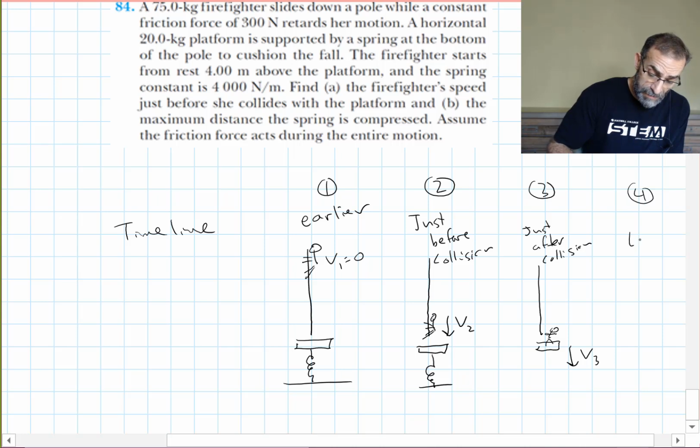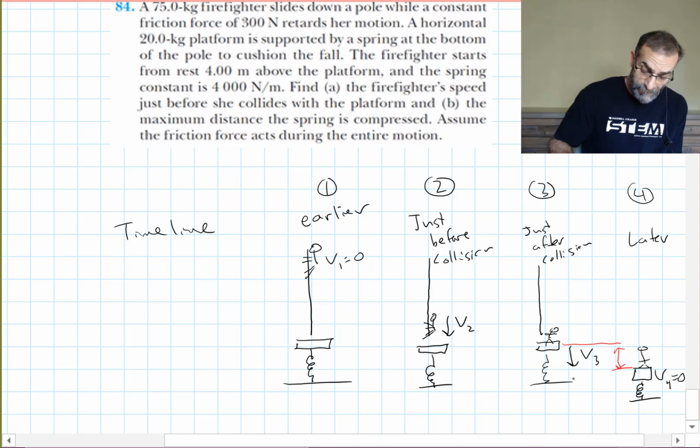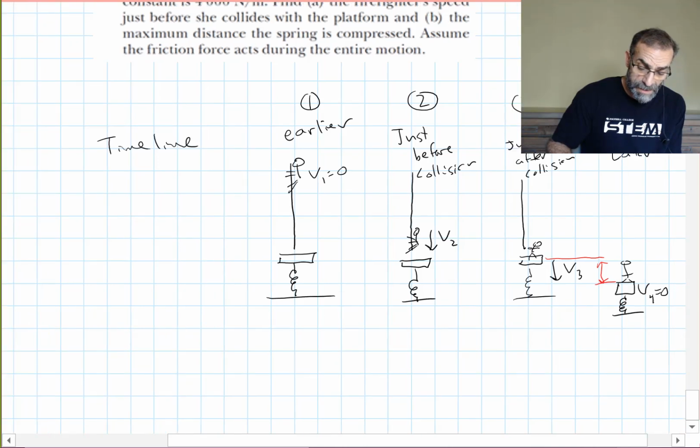And 4 is later. And they've come to rest. Zero, right? That's the maximum distance the spring is compressed. Okay, we good? It's all clear with my expert artistic ability.